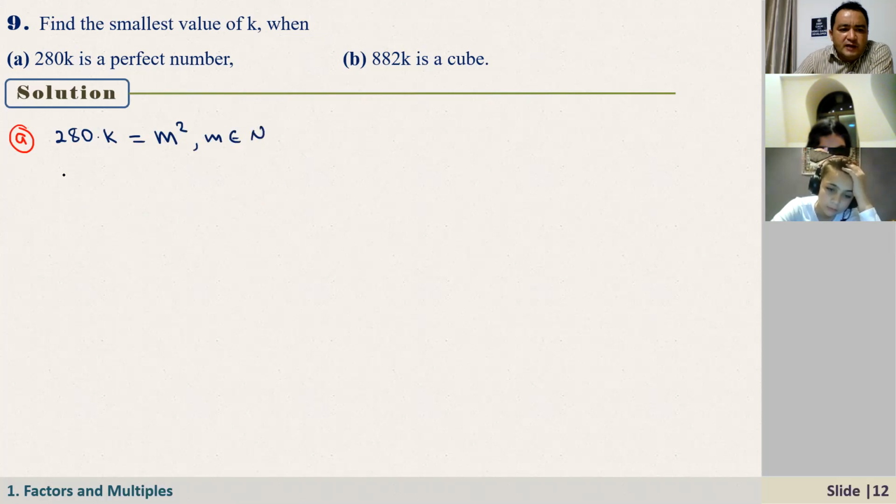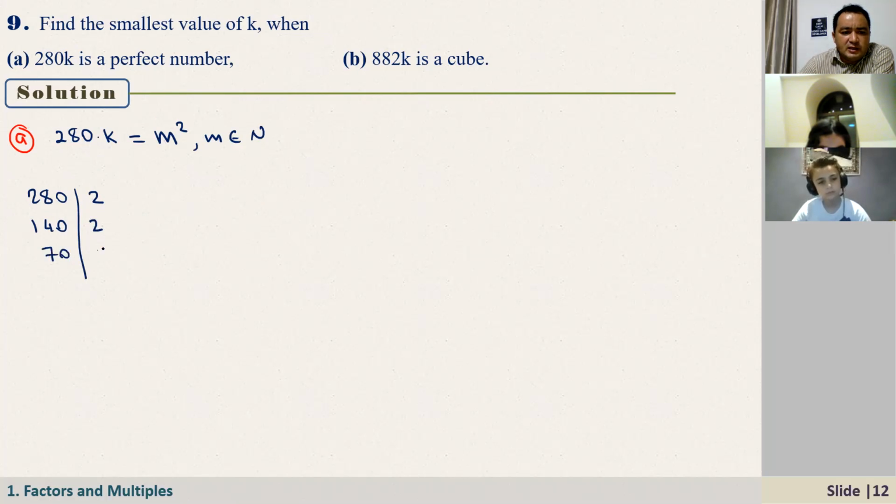To do this one, we have to find the prime factorization of 280. Divide by 2, we have 140. Divide by 2, we have 70. Divide by 2, we have 35. Divide by 5, it is 7. Divide by 7, it is 1.